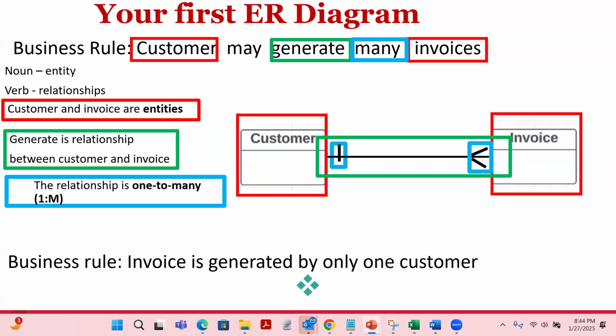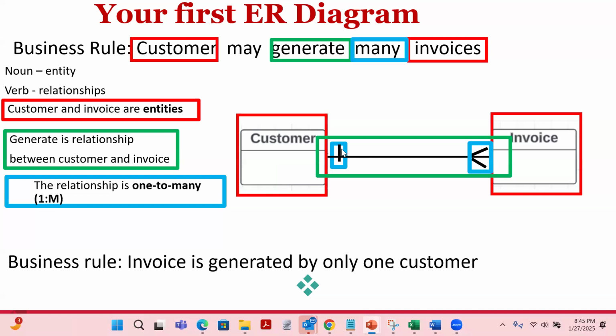That means it's a one-to-many relationship. Customer is singular, invoices is plural. So we draw a crow's foot on the invoice side, and that represents many, and we read it from customer to invoice. So customer generates many invoices, many represented by the crow's foot, okay?